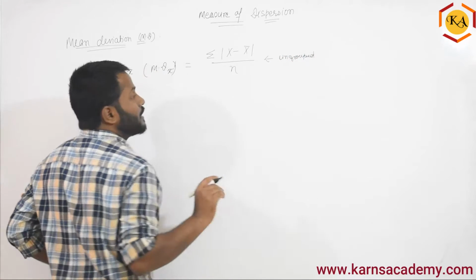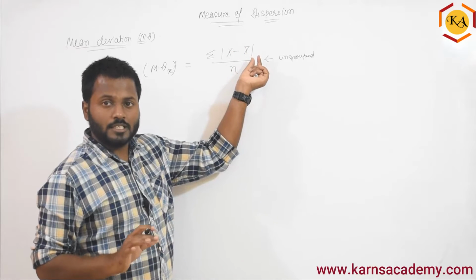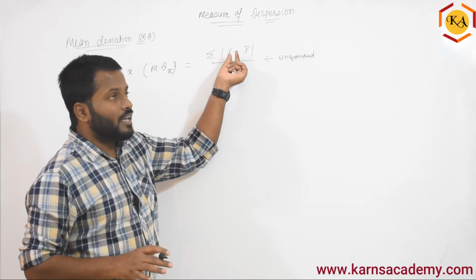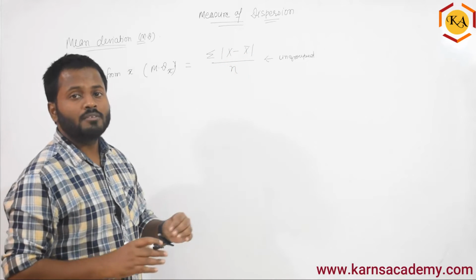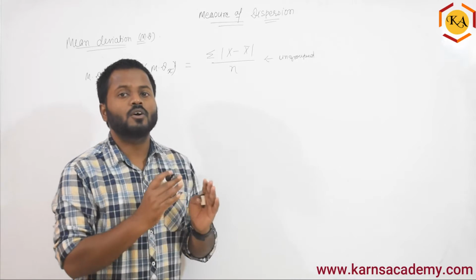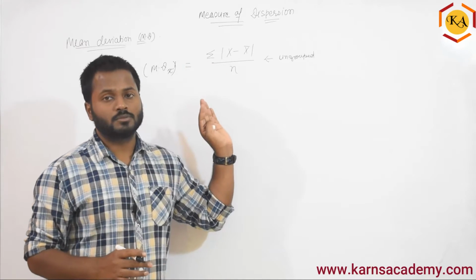Remember, mean you have to find out, you know how to find summation x by small n. Subtract the x value from the mean. Modulus is nothing but if you have any negative value inside that, all will become positive. Add all the values, divide by small n.